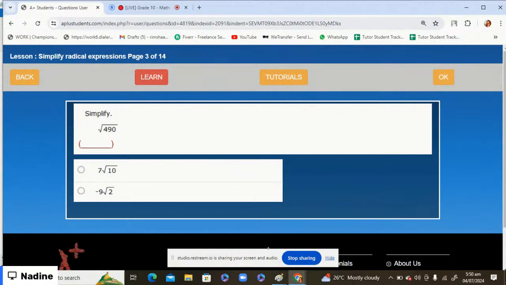Now you can simplify square root 490. Let me show you how to simplify it.